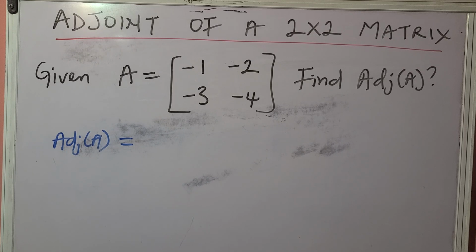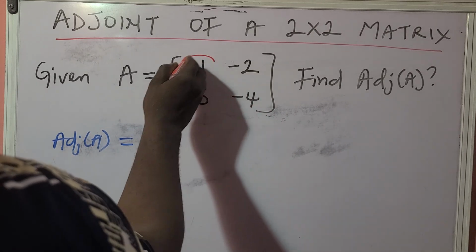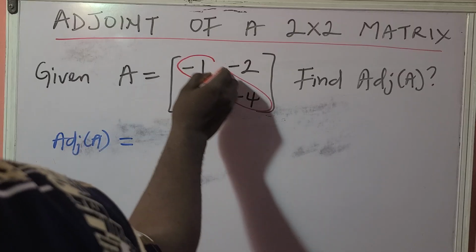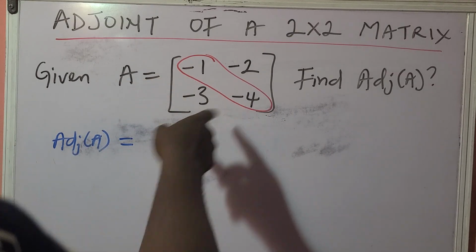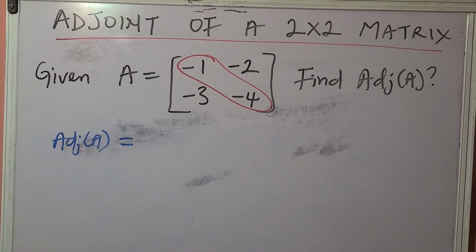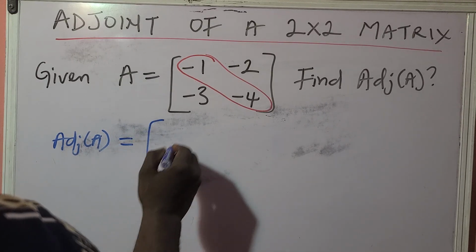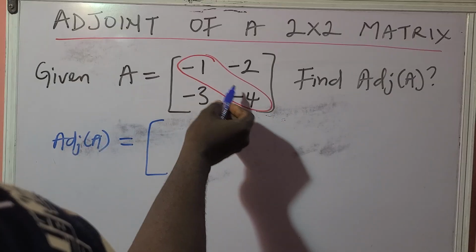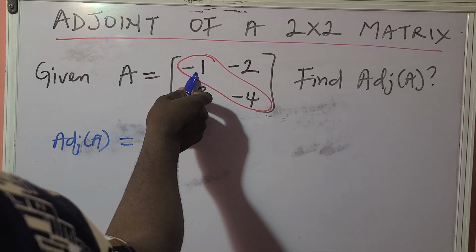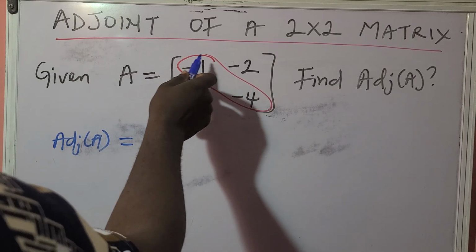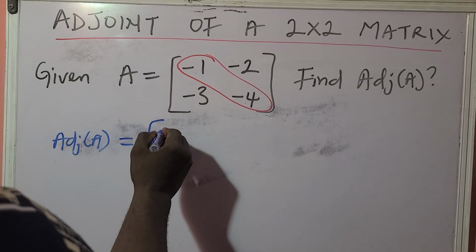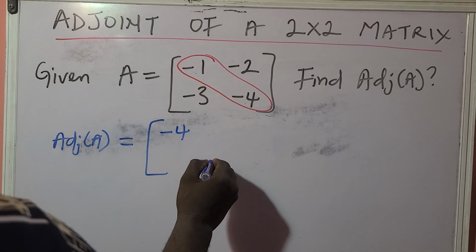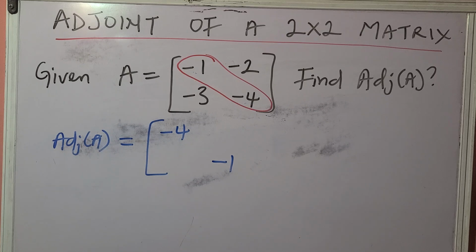So this here is the leading diagonal of this matrix A, and the elements are -1 and -4. So in finding the adjoint of this matrix, wherever -1 is, you will bring in -4 there, and where -4 is, you'll be bringing -1 there. So you will have something like this.